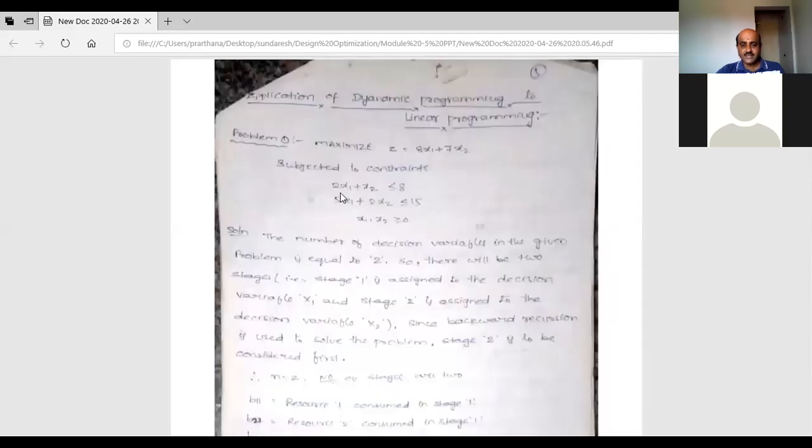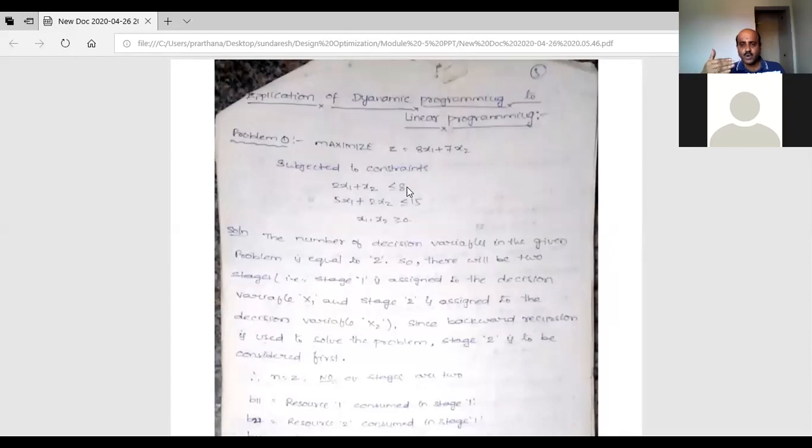See, the first constraint is given as less than or equal to 8, and the second is less than or equal to 15. Since stage 1 is the last in the backward stage, we assign B11 as 8 and B21 as 15.